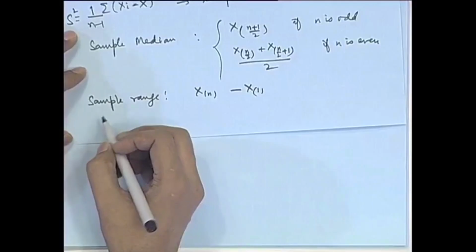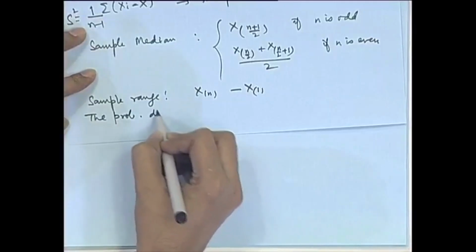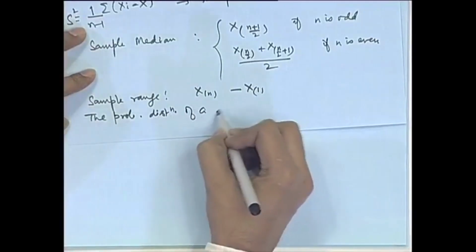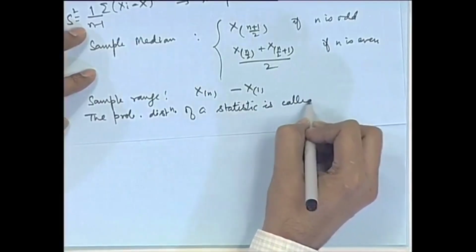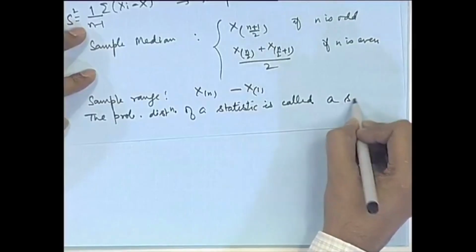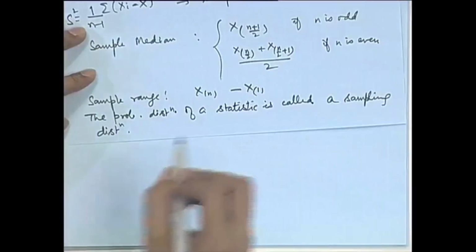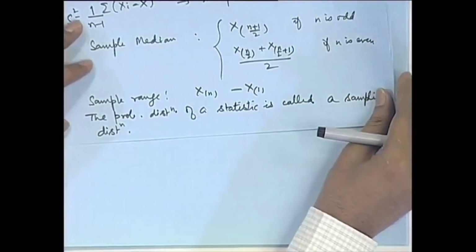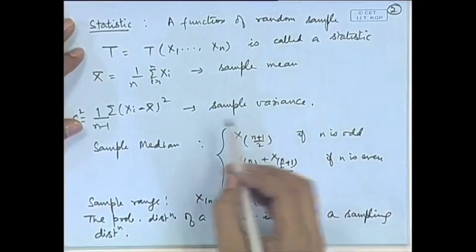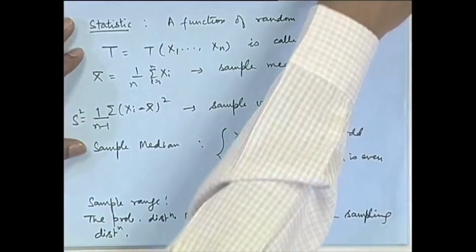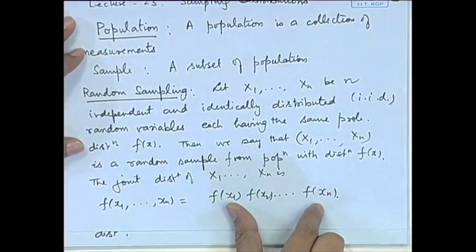We may formally define a sampling distribution: the probability distribution of a statistic is called a sampling distribution. Here the distribution of X1, X2, ..., Xn is known, so the joint distribution of the sample is known to us.